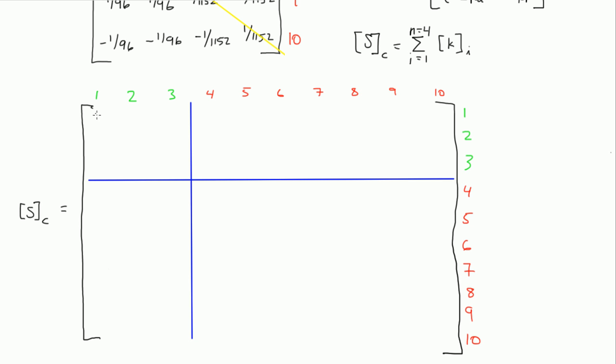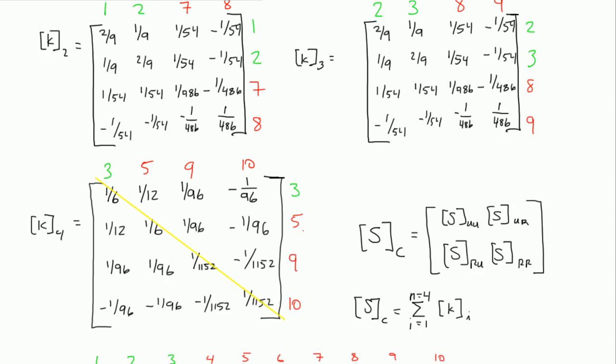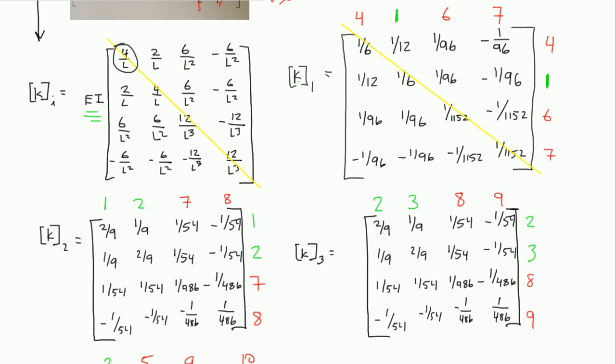This is S sub 1, 1, row 1, column 1. And so we look at our 4 previous matrices, and we look for all the values that are in location 1, 1. So we start here at K1, and we look for row 1, column 1. And this value is 1/6, right?